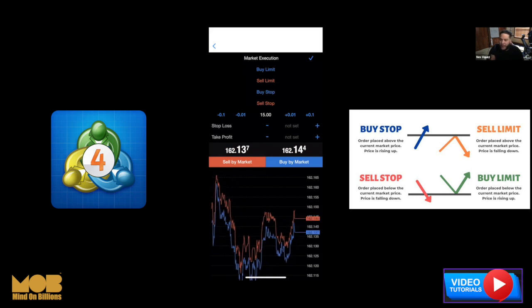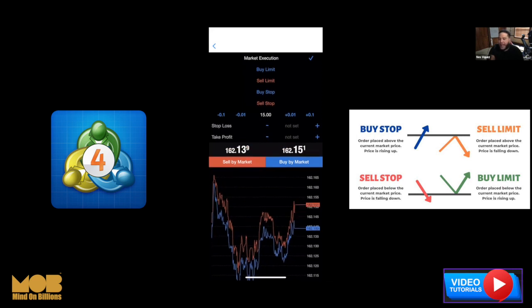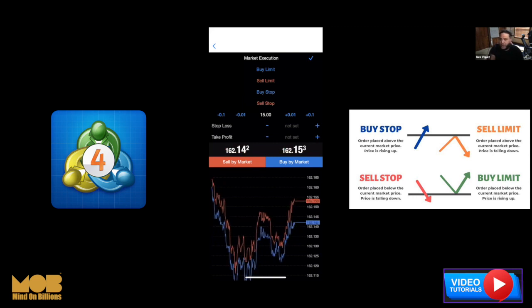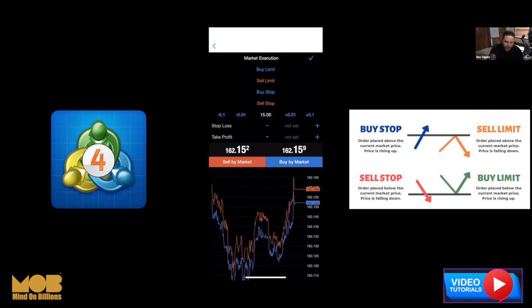A sell stop is when you place the order below where the market is currently at and you believe it is going to continue to go down. Once the market crosses down that sell stop level, that sell is going to activate. And sell limit is an order placed above the current market price when price is falling down, and boom, there you go. So this is the difference between the pending order types.